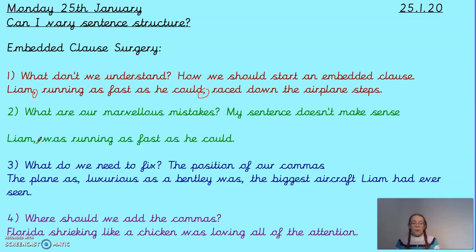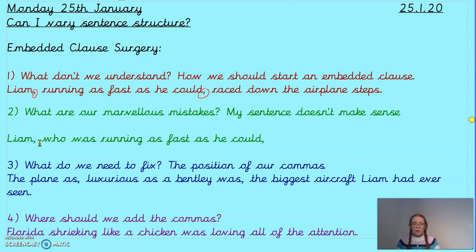Well, this is where we could add in the relative clause word. So we've got, Liam, who was running as fast as he could. And this is where we need another comma, because on either side of our embedded clause has to be commas, which means that this sentence isn't finished yet.